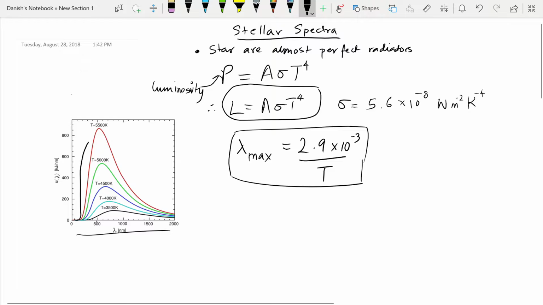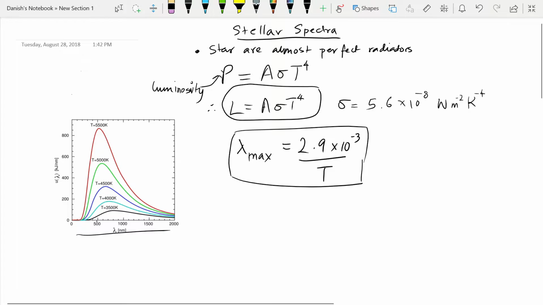It's a pretty rough sketch, but that's essentially what it looks like. So if we know a few different points, 3 in fact, then we can tell that it will be like this, and the temperature is 5,500 Kelvin.